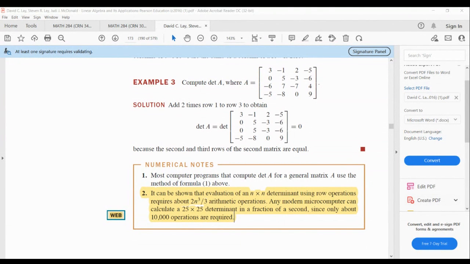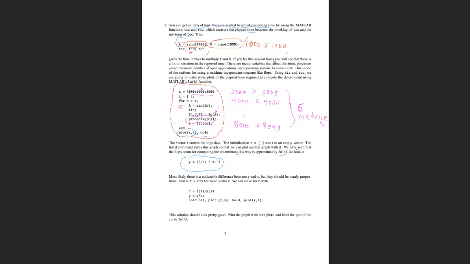So now, if we go back to the problem here, or the exercise, here's where we were, and they're creating code that's going to allow you to study the plots that relate to the flops, and the plot that relates to the times it takes to compute these determinants.